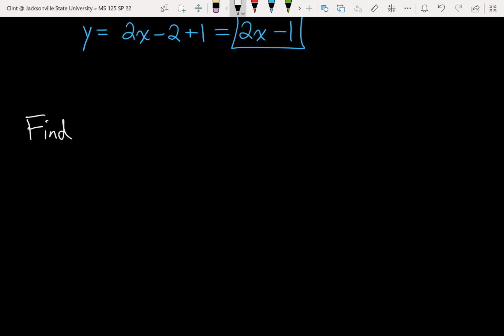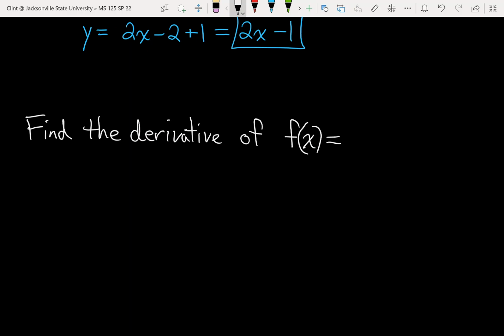We want the derivative of f of x, where our function is x squared minus 8x plus 9, at this number we're just calling a.